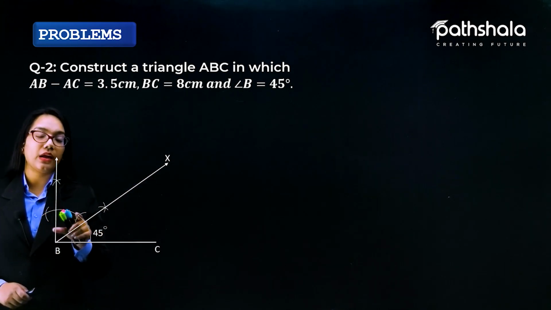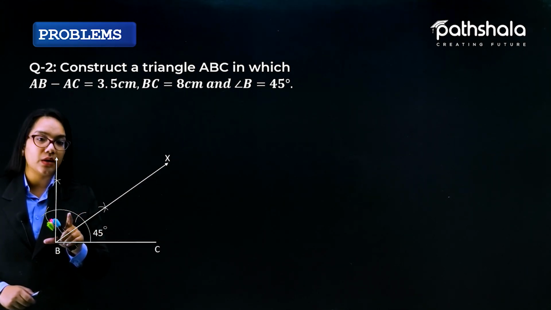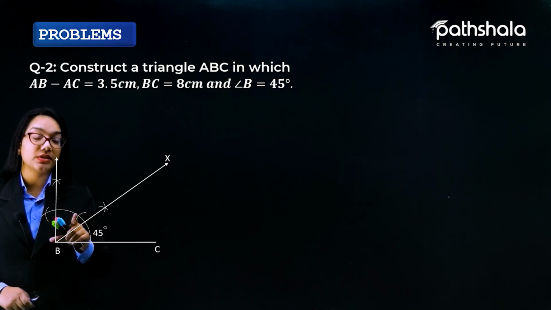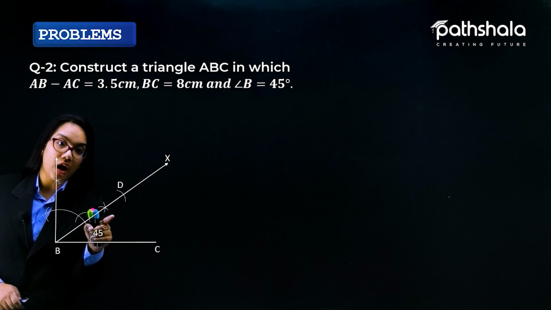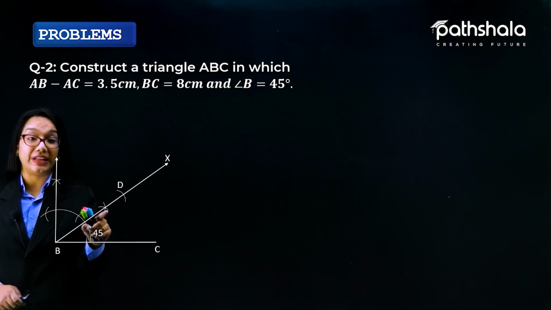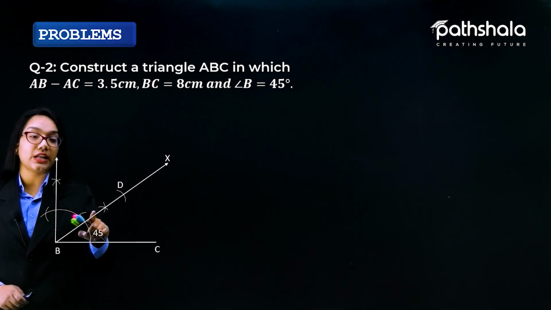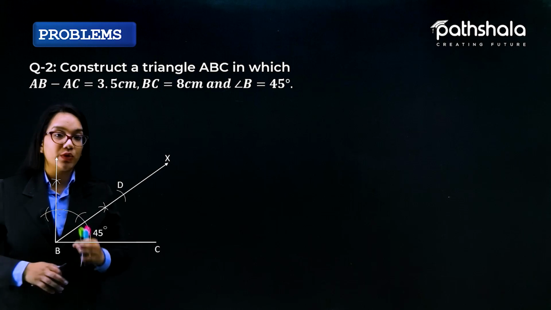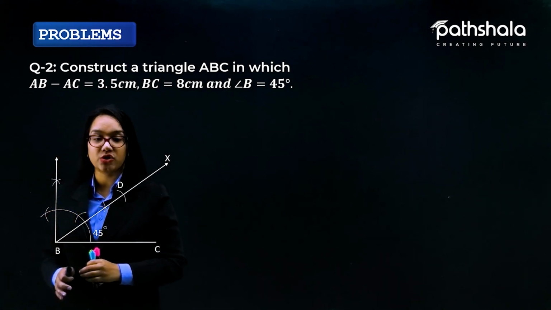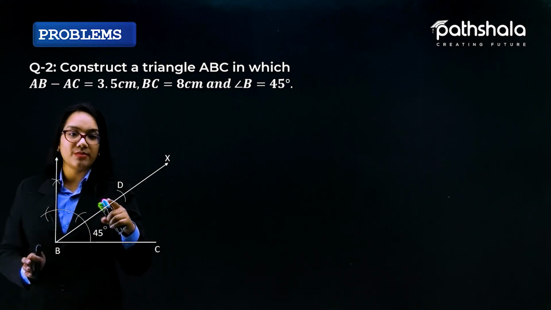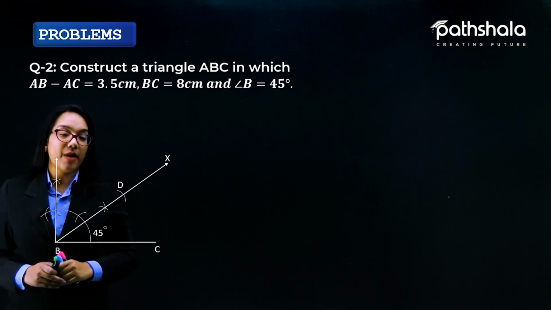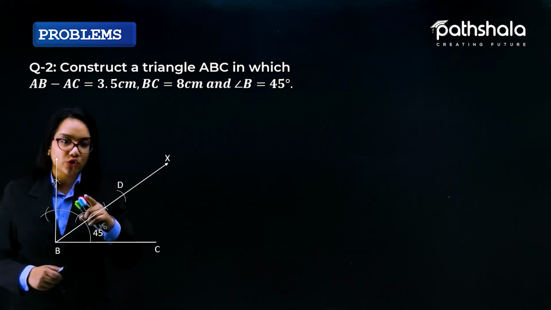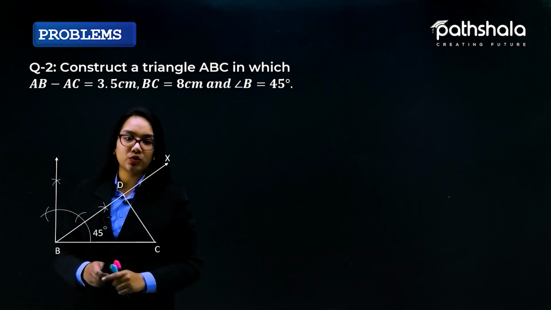So I cut an arc taking B as a center with the radius 3.5 centimeter, over here, and I call it point D. So BD is equal to 3.5 centimeter, because we have already proved in the previous constructions that BD always comes equal to AB minus AC.